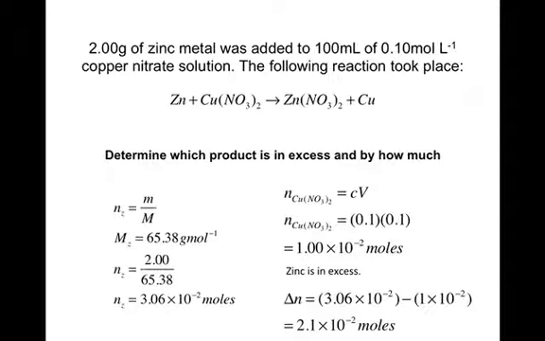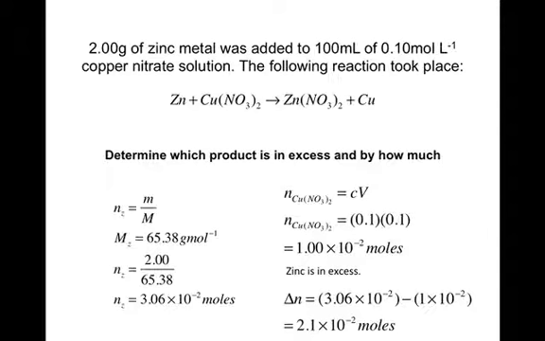And we need to multiply by the volume. In this case, the volume is given in milliliters, not liters, so we need to do a quick conversion. Luckily, it should be pretty straightforward to work out that if we have 100 milliliters, we simply have 0.1 liters. Multiplying those two together, we get 1.00 times 10 to the negative 2 moles.